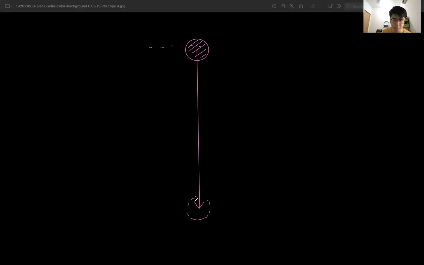Okay, about the conservation of energy. When I drop the ball, we are going to look at all the energy at each point. So let's say I drop the ball like this and it falls down here before it touches the ground. Okay, imagine that this is the ground.